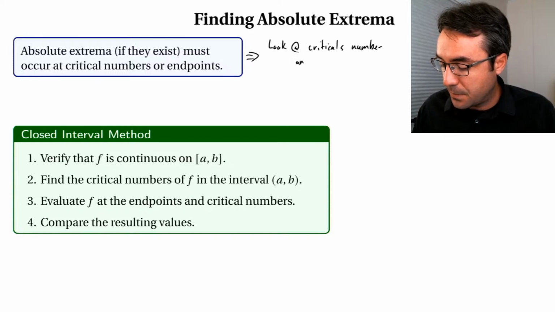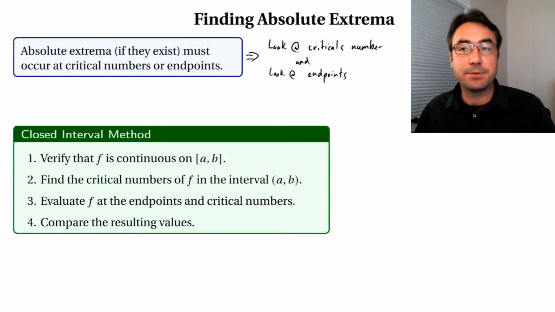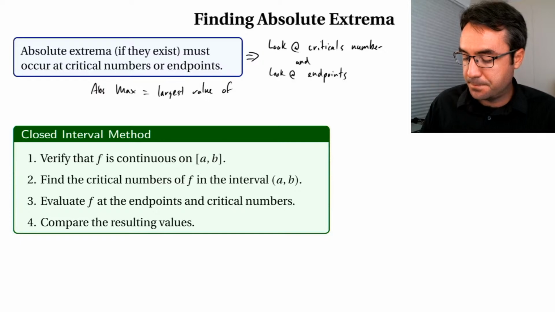And we want to look at the endpoints. Those are the only places where we might have an absolute max or an absolute min. Again, the absolute max is the largest value of our function, and the absolute min is the smallest value.